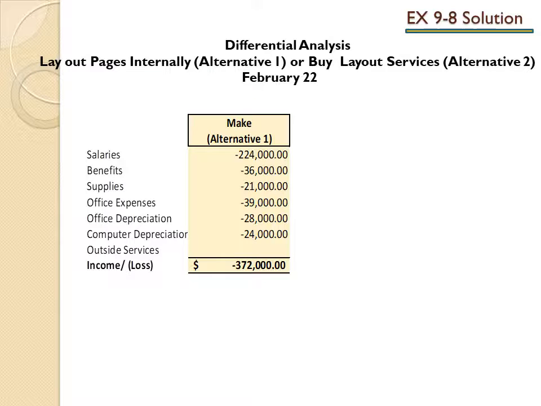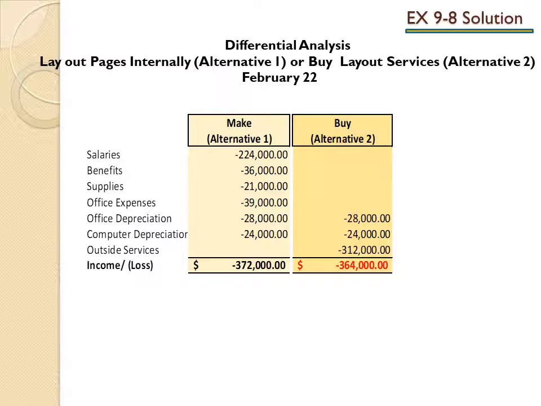$372,000. However, if we were to buy the layout services under alternative 2, we will still incur the cost of office depreciation of $28,000, computer depreciation of $24,000, and the cost of outside services computed by multiplying 24,000 pages times $13, the price per layout page.